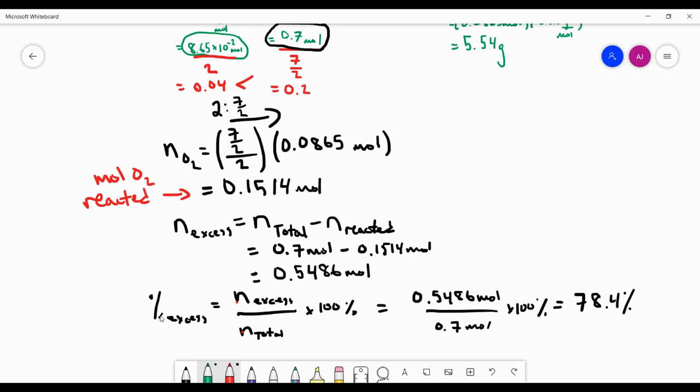So we had this amount that was excess, and the total that we started with was 0.7 moles. So that means that 78.4% of the oxygen was in excess.